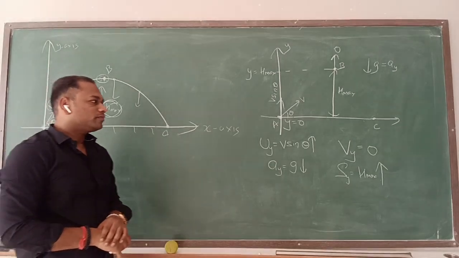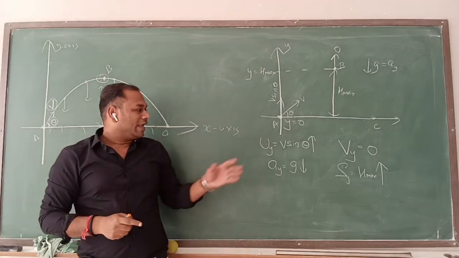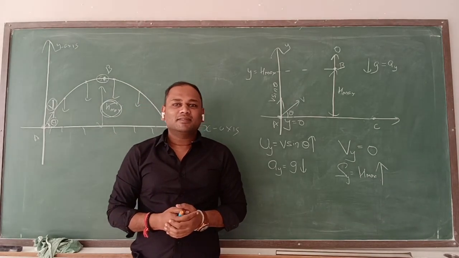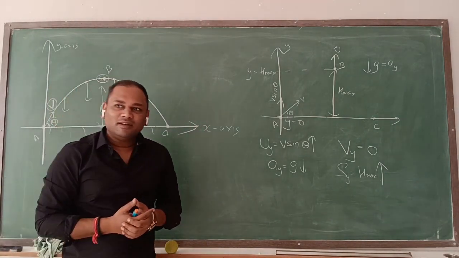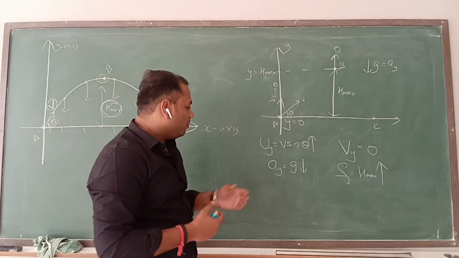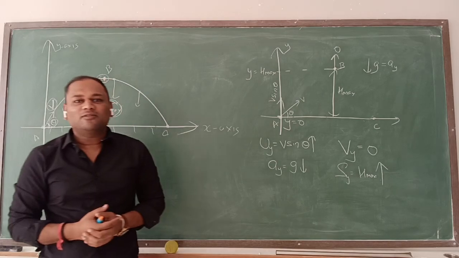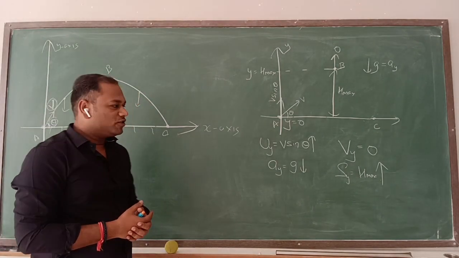Okay. Now, can anybody tell me which equation can connect these four physical quantities? Why can we apply equation of motion here? Yes, because acceleration is constant for the motion. That is why we can apply equation of motion here.